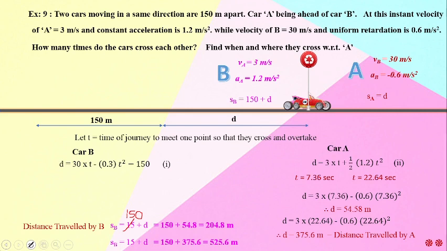Once the objective is clear in front of you, you will be able to select the appropriate formula at the proper place. And after selecting the appropriate formula, we just have to simplify by putting the known values and finding out the unknown value. And this way, by having this philosophy of solving problems, you will definitely be able to solve any sort of problem under motion with uniform acceleration.